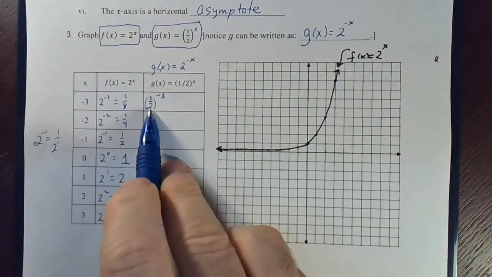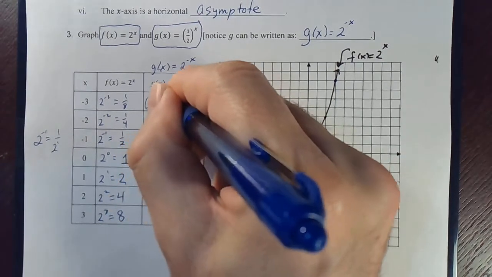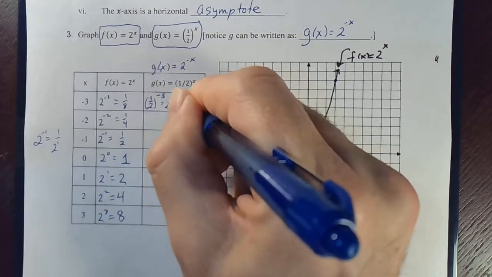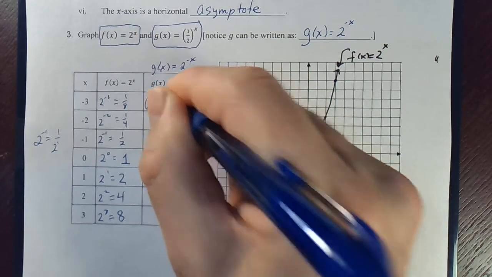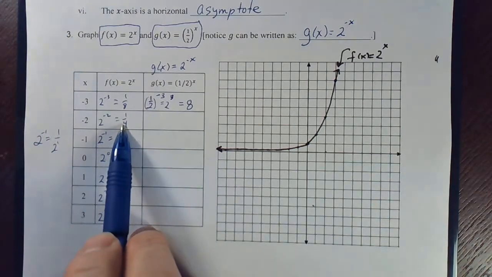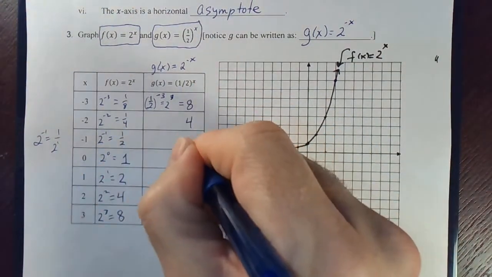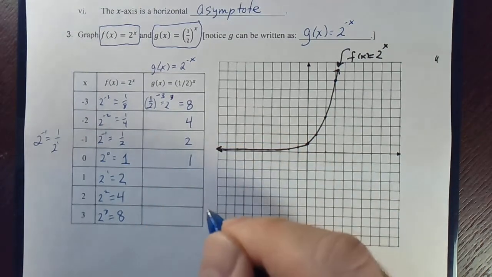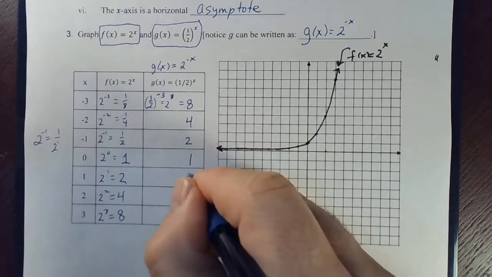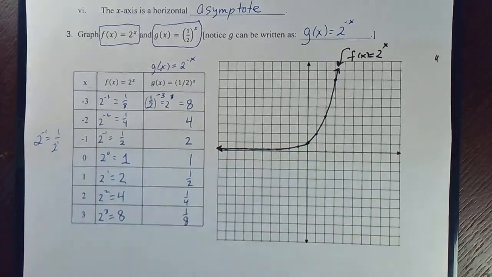That means take the reciprocal of 1/2 to get 2, and this is equal to 2 to the 3rd, which is 8. So instead of 1/8, we got 8. Instead of 1/4, we're going to get 4. Instead of 1/2, we get 2, and then we get a 1. And then instead of 2, we get 1/2, and then 1/4, and 1/8.